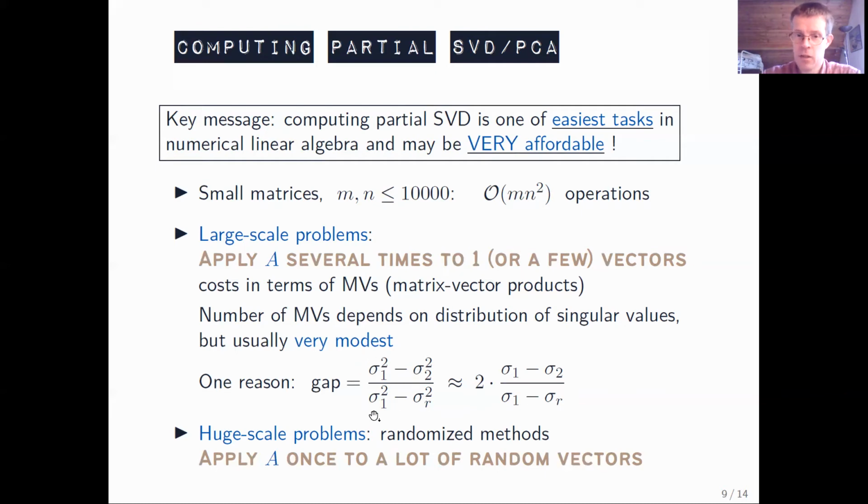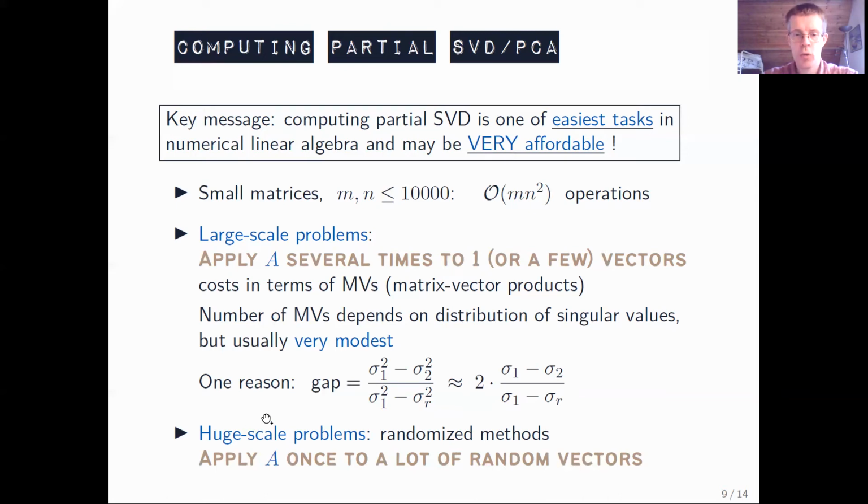But since A^T A or A A^T is involved, you look at the squares, and usually sigma 1 is large and sigma r is small, and then there is such an approximation. So that means this gap is actually larger than the gap that you would look at based on the singular values alone. Okay, next slide we'll have some more details.